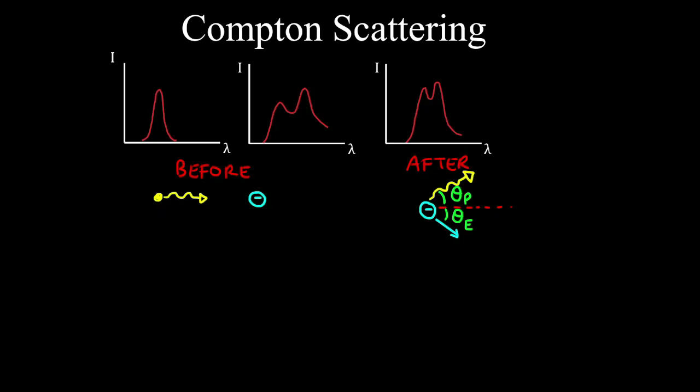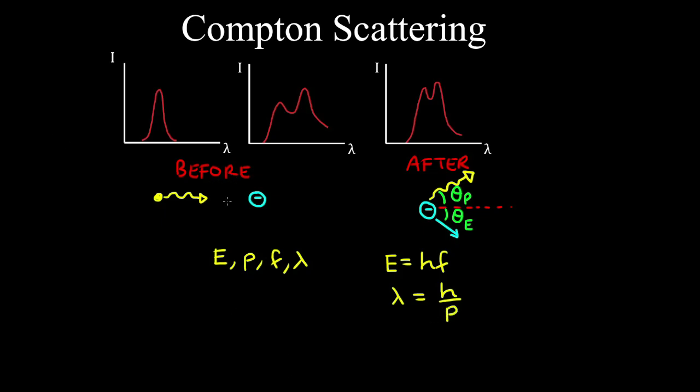So essentially, the transfer of the photon's energy to an electron results in the energy, momentum, frequency, and wavelength of the photon changing. And recall the relationship between energy and frequency of light, and also the de Broglie wavelength, which was equal to Planck's constant over the momentum of a particle.